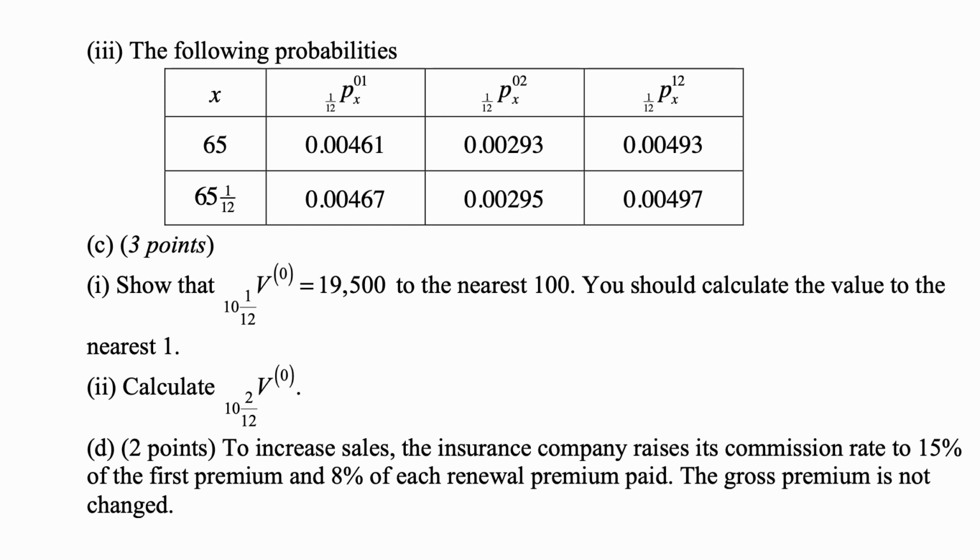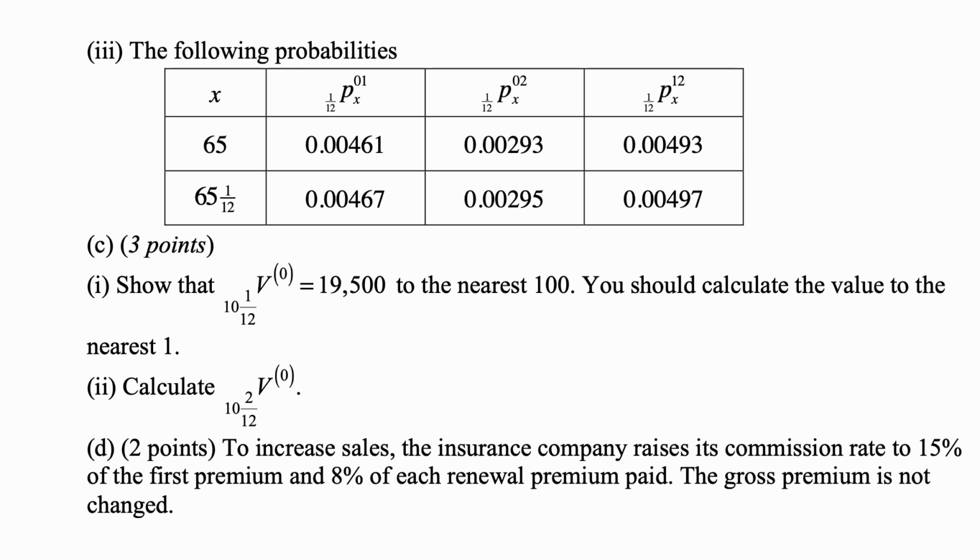Part C, part 1, show that the reserve for state 0 at time 10 and 1/12, so 1 month after time 10, is 19,500 to the nearest 100. You should calculate the value to the nearest 1. And part 2, calculate the time 10 and 2/12 reserve for state 0, so 1 month later than for part 1.